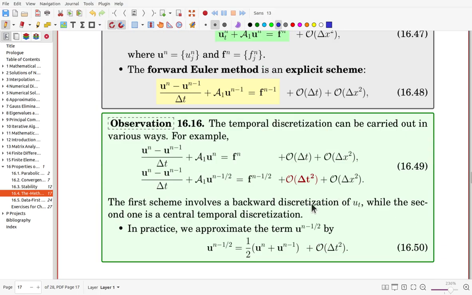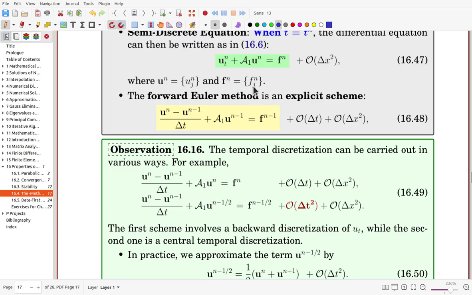Now, rather than this forward approximation for the time derivative, we may consider a slightly different way. The temporal discretization can be carried out in different ways. This one is the backward scheme. Here we have the n-1 time level, and this is the nth time level.